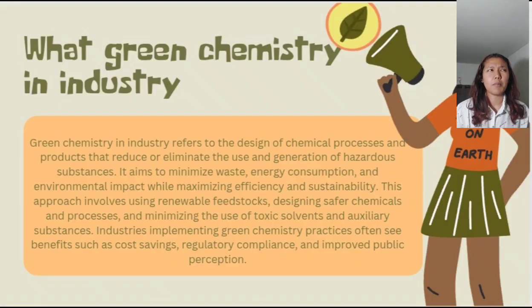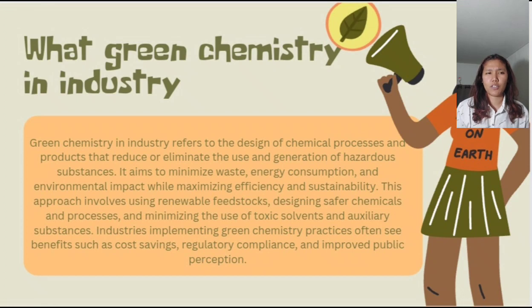So, green chemistry in industry refers to the design of chemical processes and products that reduce or eliminate the use and generation of hazardous substances. It aims to minimize waste, energy consumption, and environmental impact while maximizing efficiency and sustainability.